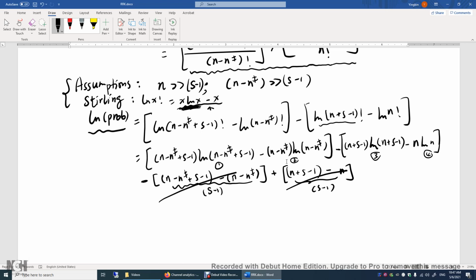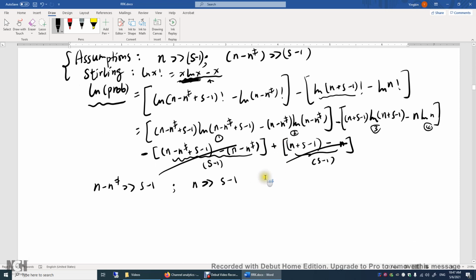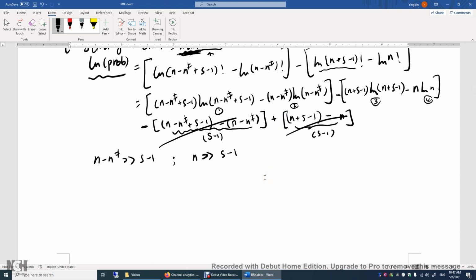So remember, I made an assumption. A minus n double dagger is much greater than s minus 1. Of course, if that's the case, n is also much greater than s minus 1, right? So look, I'm going to derive this first.